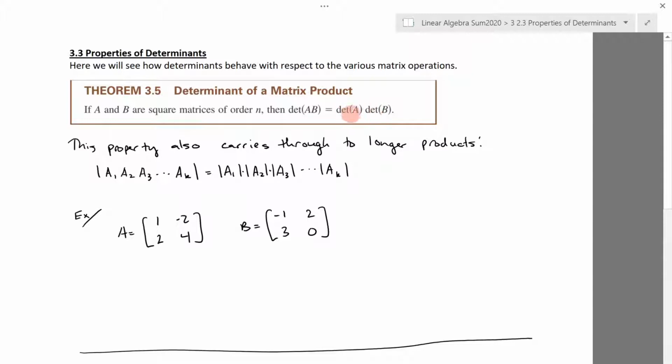And if one of the two has a row of all zeros, then the product will also have a row of all zeros, and so the product would also have determinant 0. So this is true in the case where the determinant is 0.